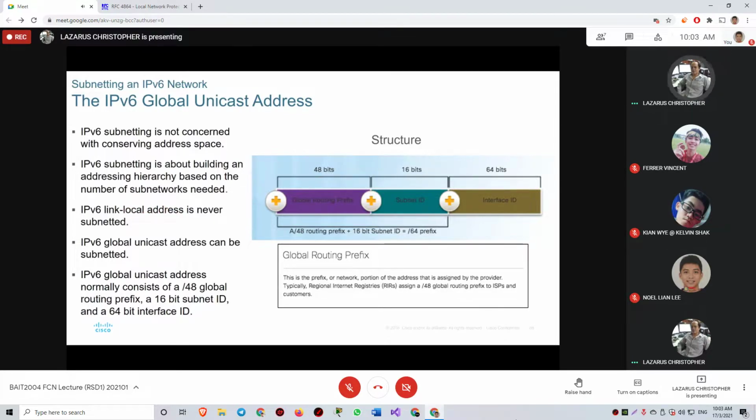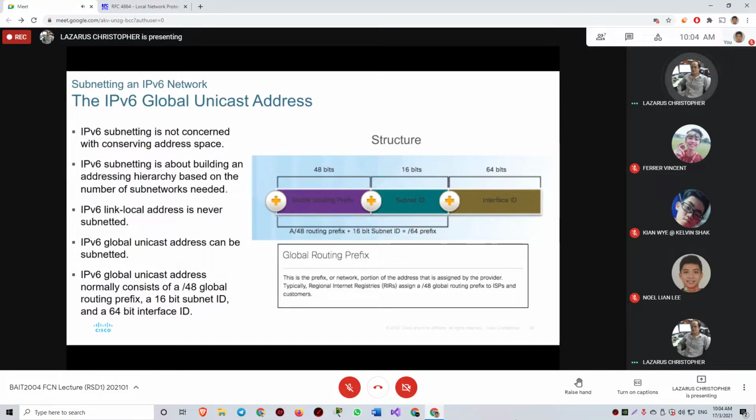By now you will realize that an interface for IPv6 can have multiple IPv6 addresses. One that must be provided, even if you don't provide the global unicast address, is the IPv6 link local address.